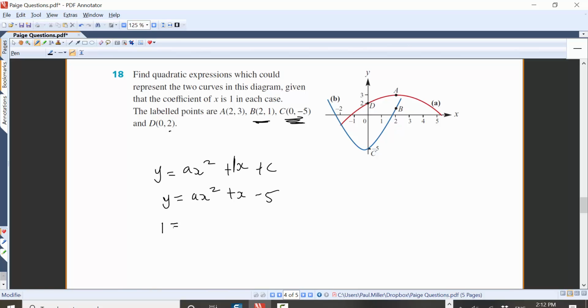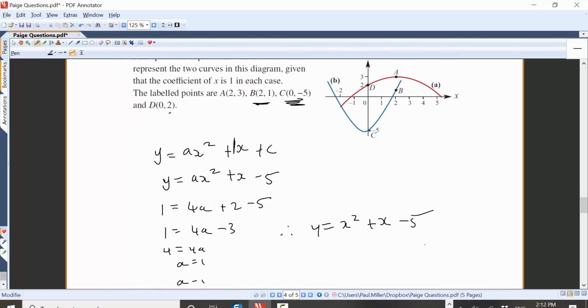So 1 = 4a + 2 - 5, 1 = 4a - 3, 4 = 4a, a = 1. Therefore, my function is y = x^2 + x - 5.